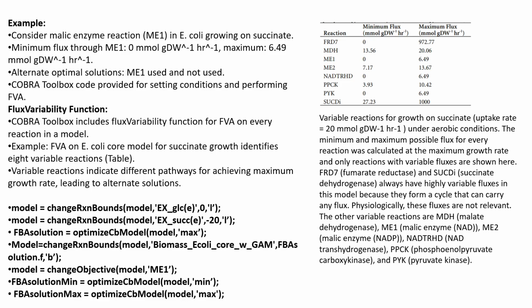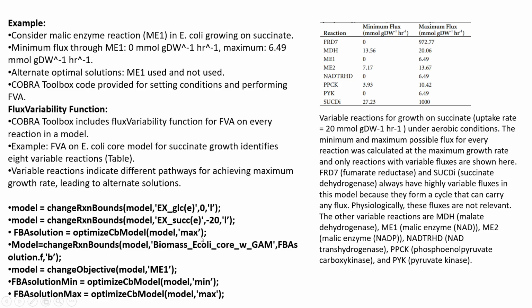Both of these methods will give you maximum growth on succinate, using ME1 or not using ME1 and using PYK. So you have these two alternate solutions, but your ultimate goal, achieving maximum growth rate, is maintained as the same. These are the two alternate solutions that you can get from this FVA function.